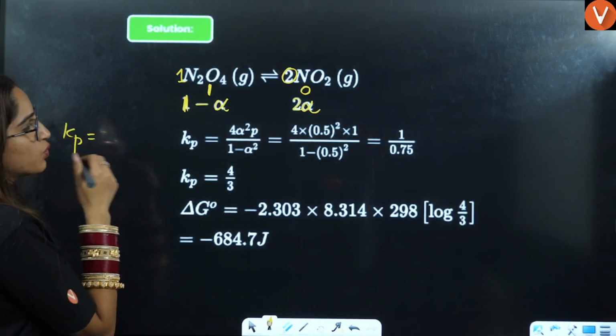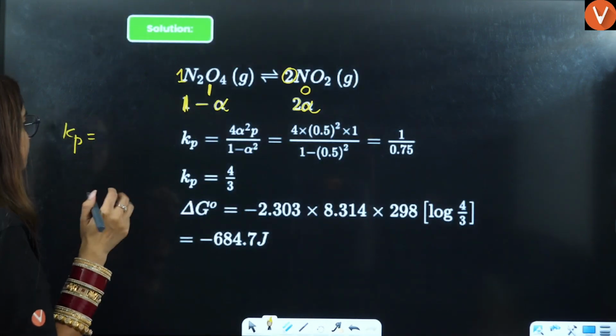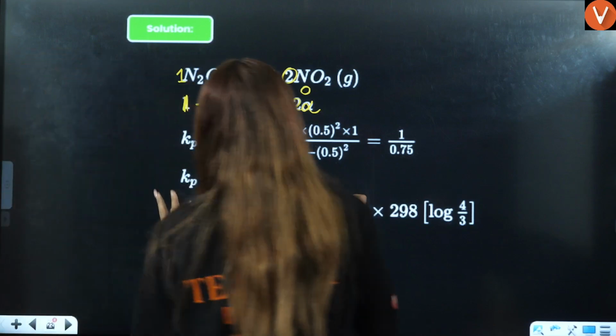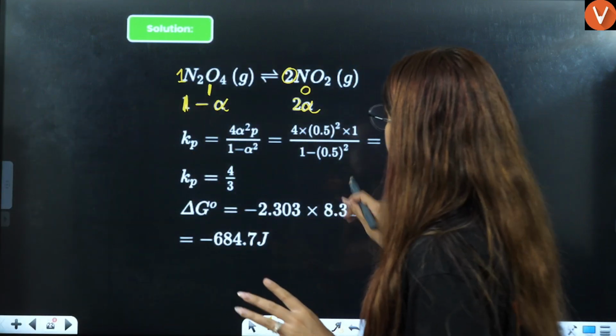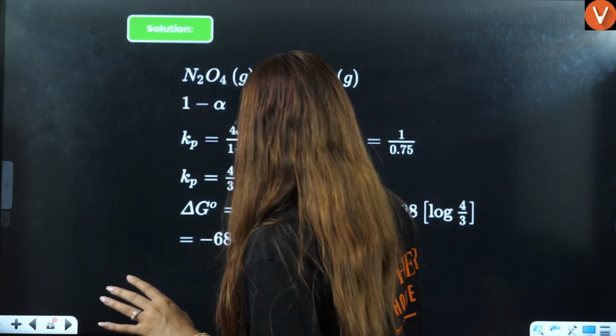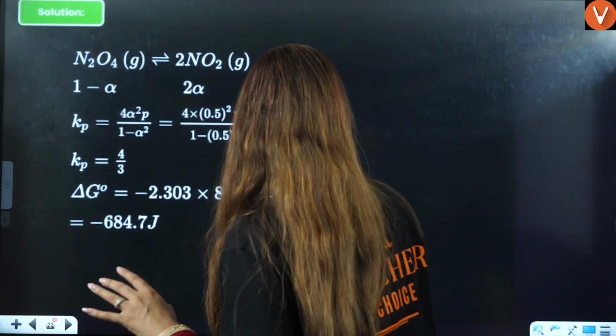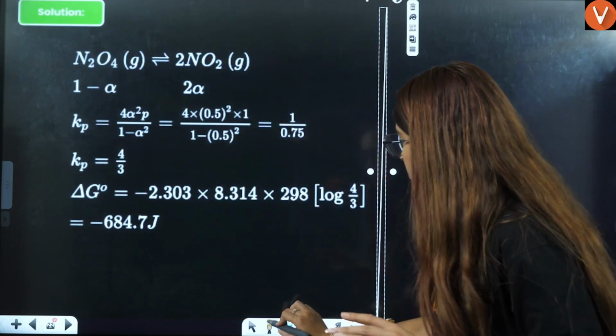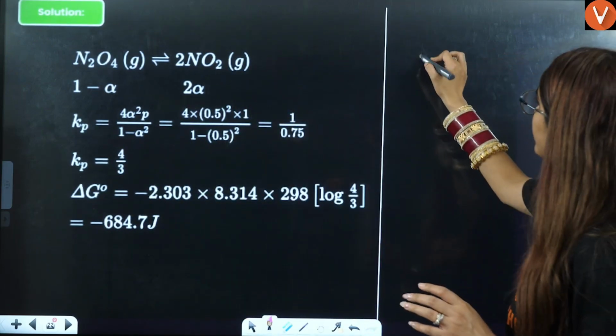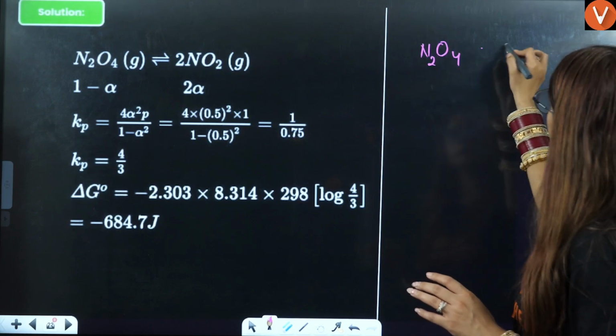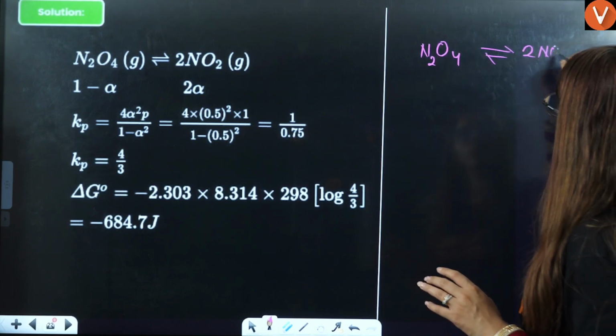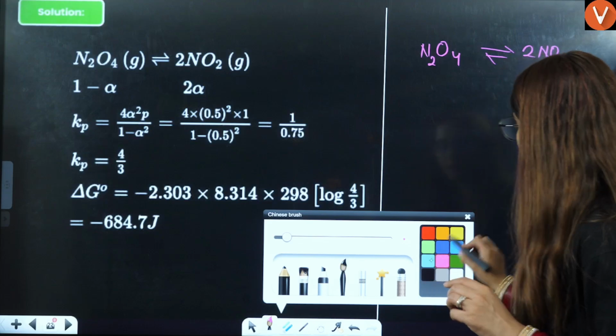Kp is equals to, see, for Kp what you have to do, I'll just do one thing here. Sometimes writing is important, na? N2O4, this is 2NO2, because this particular part is very important.